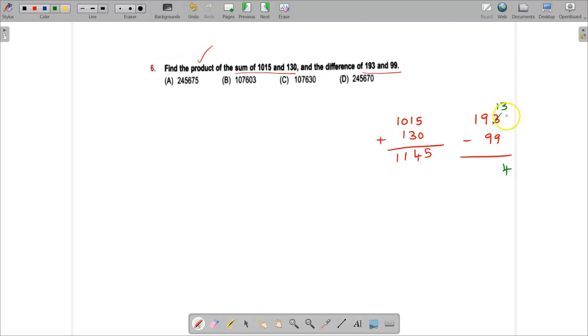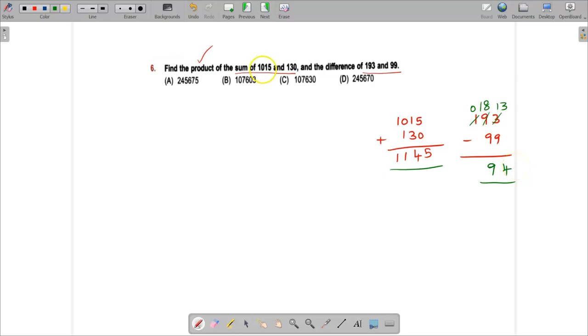Since you have taken a borrow, this 9 reduces by 1, so 9 becomes 8. From 8 you cannot subtract 9, so we take 1 borrow from here. This becomes 0 and the borrow goes to 8, so 8 becomes 18. 18 minus 9 is 9. So the answer is 94. Here the sum is 1145 and the difference is 94.